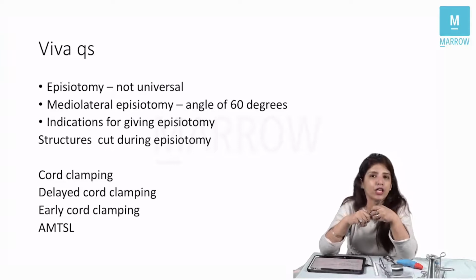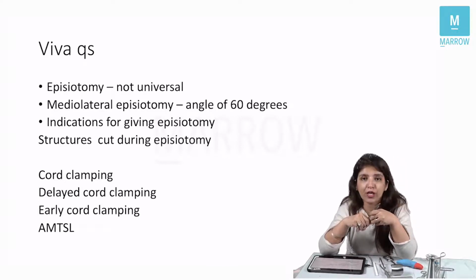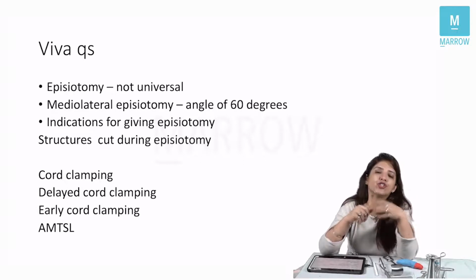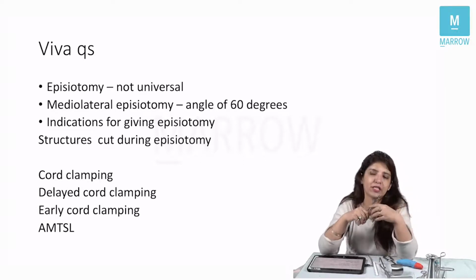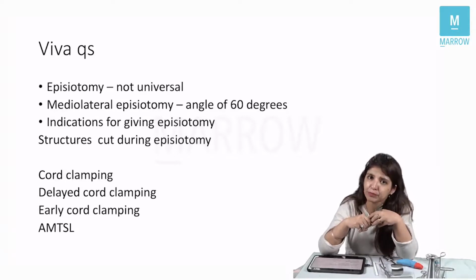So what are the indications for giving episiotomy? Indications for giving episiotomy is when shoulder dystocia has occurred, or when there is a macrosomic baby, or when there is after coming head of breech, right? Or if there is a face to pubes delivery, or if it is a rigid perineum, like in case of primigravida females, and you anticipate that a perineal tear may happen, right?